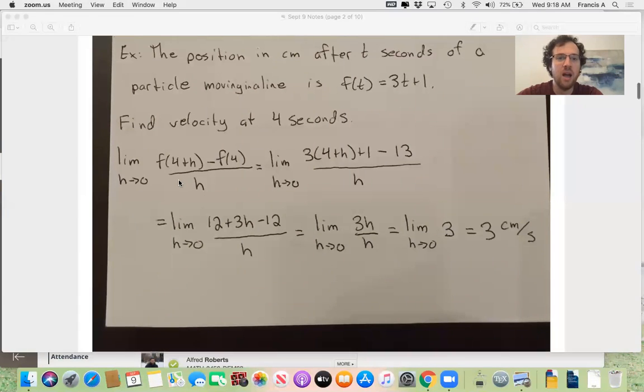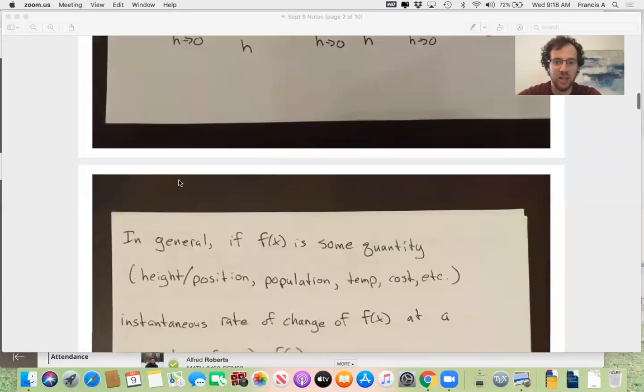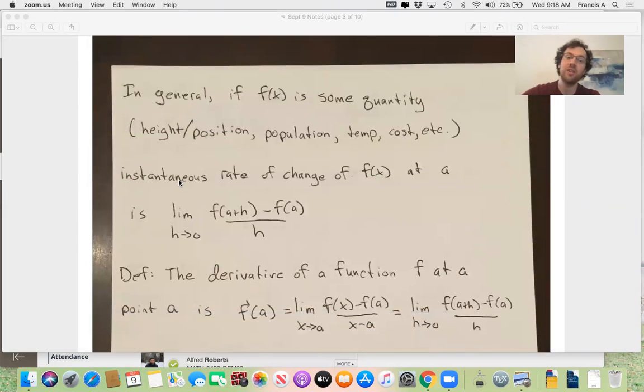So even beyond velocity and the slope of the tangent line, in general, if you have any quantity which is changing, so velocity, that really corresponds to height or position, but it could be population, temperature, costs, profit, I don't know, the area consumed by wildfire, the number of people infected by a certain disease, any quantity which is changing, and you want to know how fast is it changing?